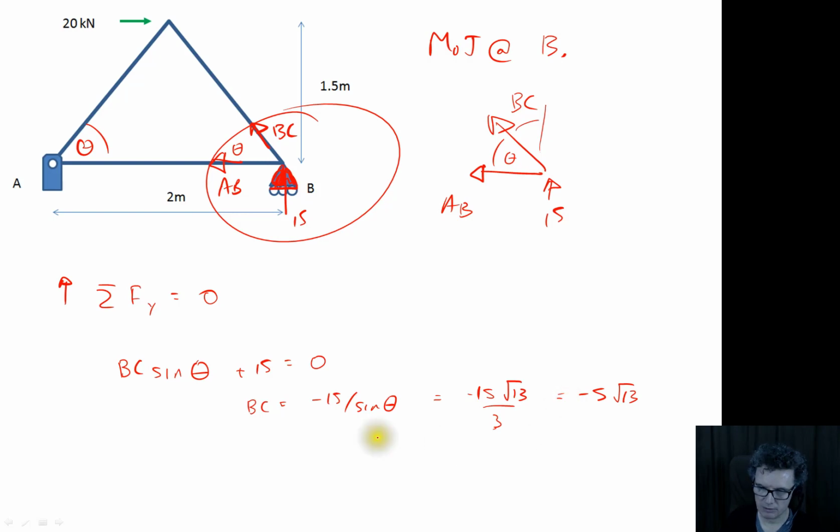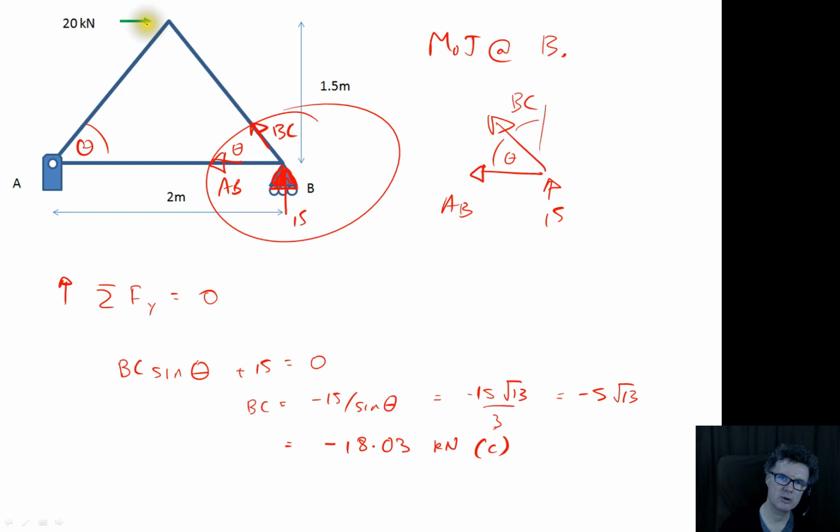And that's the same value that we had before, but this time it's negative. So minus 18.03 kilonewtons. And this time it's a minus value, so we highlight that we know that that is in compression. So we put a C there. So BC is in compression.